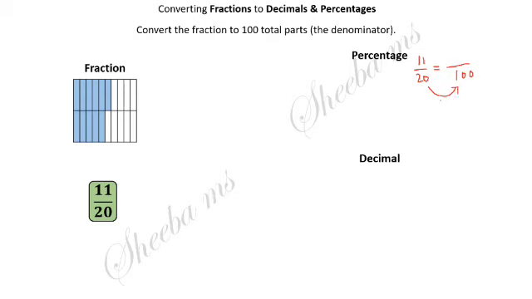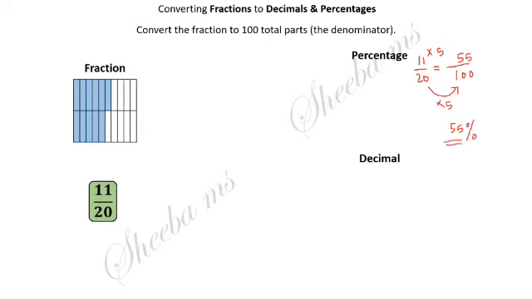We know 5 times 20 is 100. So we will multiply 20 by 5 to get 100, and here also we have to multiply 11 by 5. 11 multiplied by 5 is 55. So 55 by 100, that is 55 percentage. So 11 by 20 means 55 percentage.